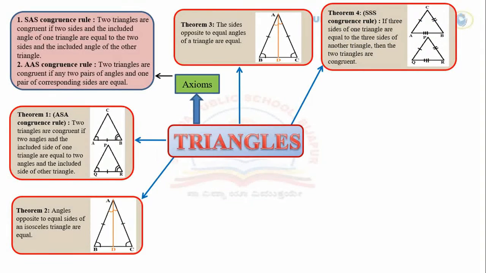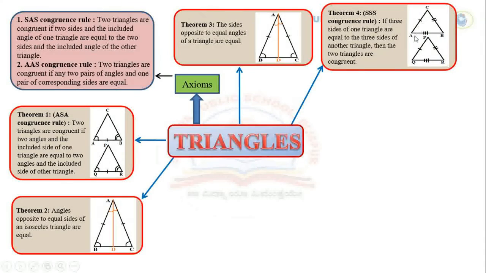Next theorem, SSS congruency rule. As the name indicates, it is stating about all the three sides. That is, if three sides of one triangle are equal to the three sides of the other triangle, then the two triangles are congruent.